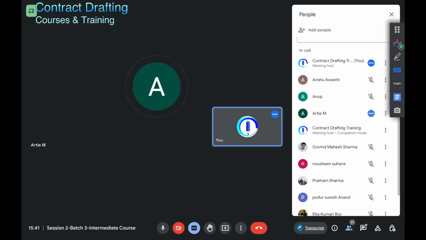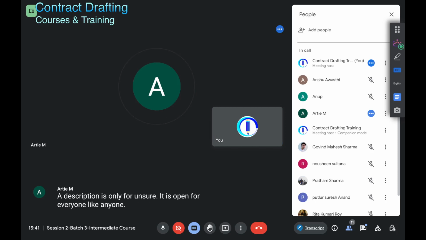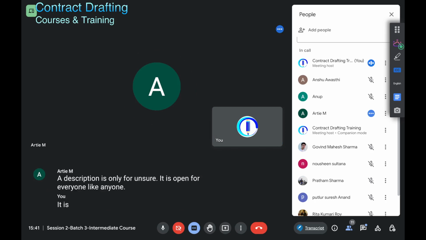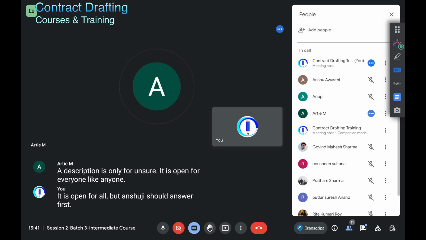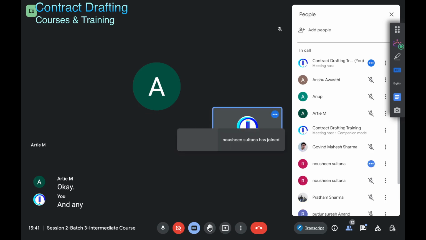Is this question only for Anshu, or is it open for everyone? It is open for all, but Anshuji should answer first. Okay. Anshuji, any comments? Yes, no, any difficulty in understanding the question?